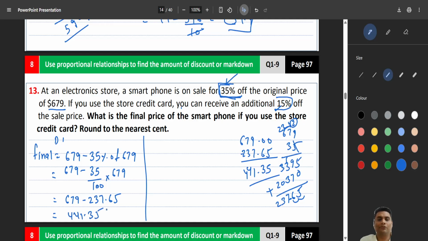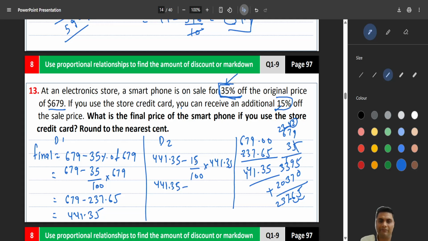On this price, 441.35, they are giving me the second discount now. So discount 2 will be what? 441.35 minus 15% of 441.35. Now we have to solve this.